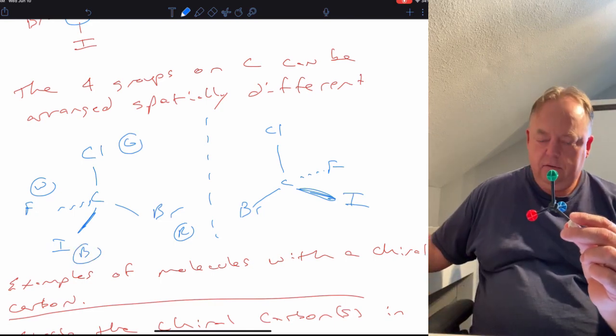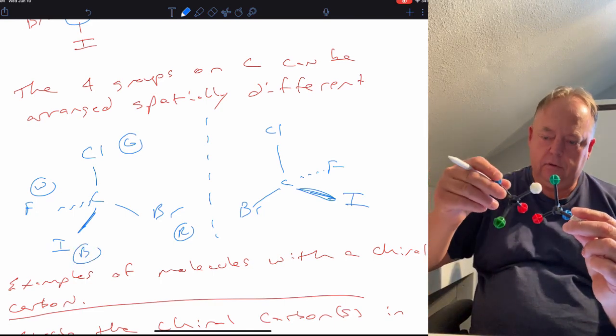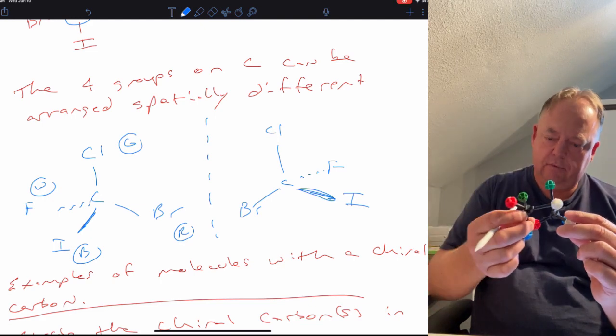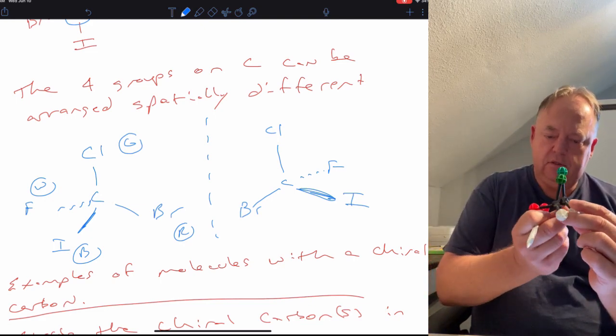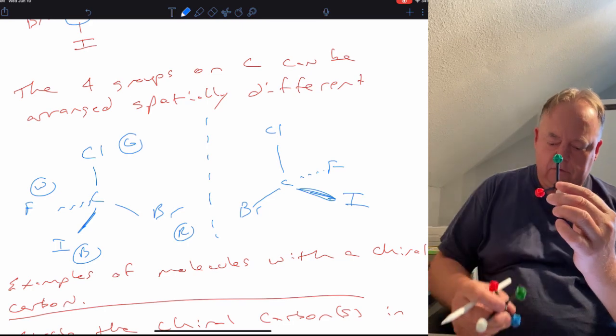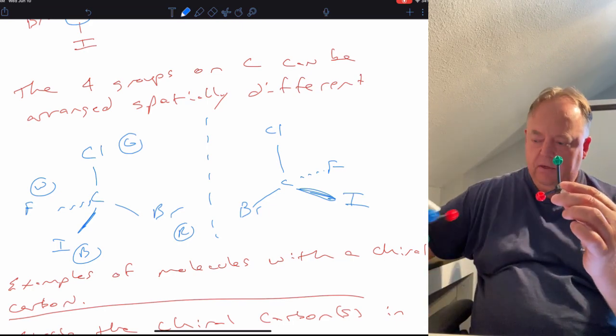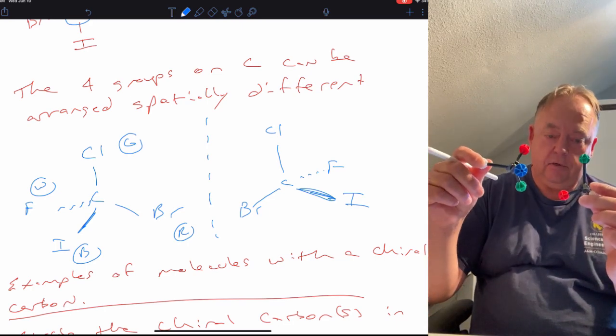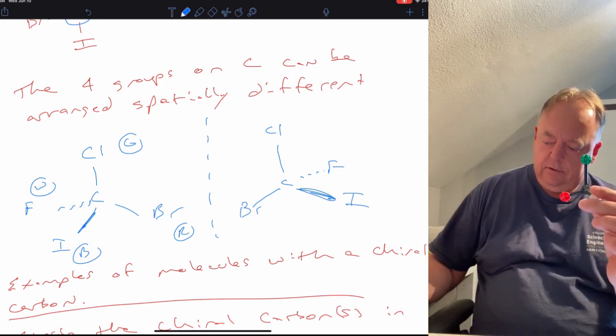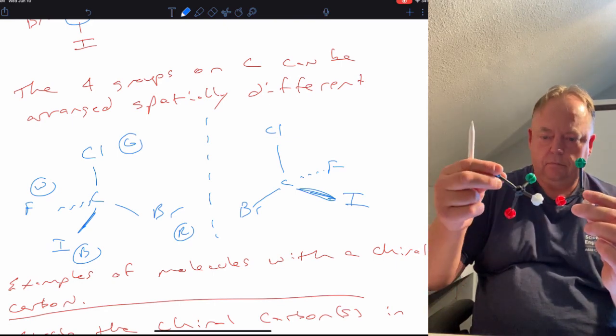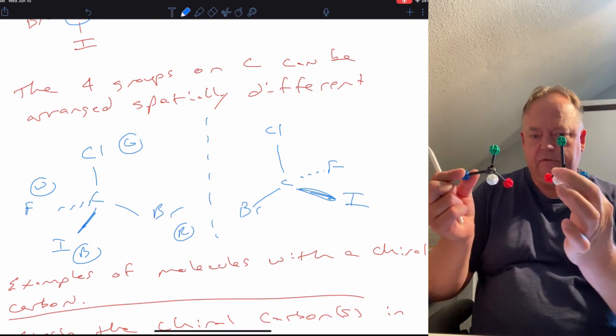And so if I find the enantiomer, let's see, is this the same or is this the enantiomer? That one's the same. So all four of those match, so I grab the other one. So this one should be then the enantiomer. So if I orientate it so that it's a mirror image, then those are mirror images of each other, right?